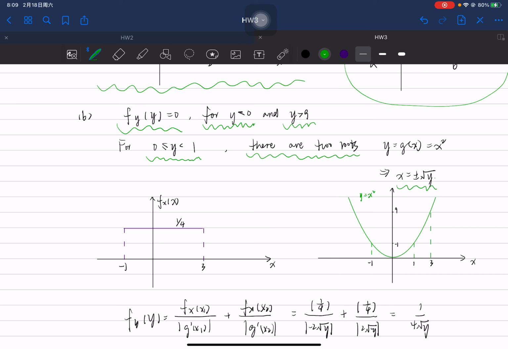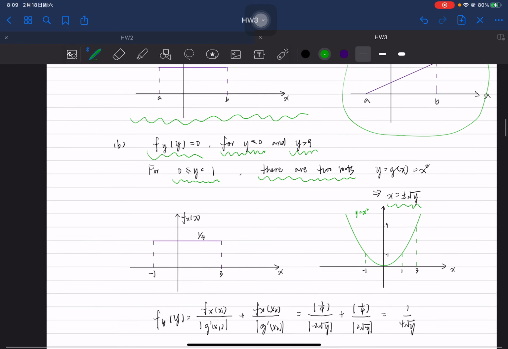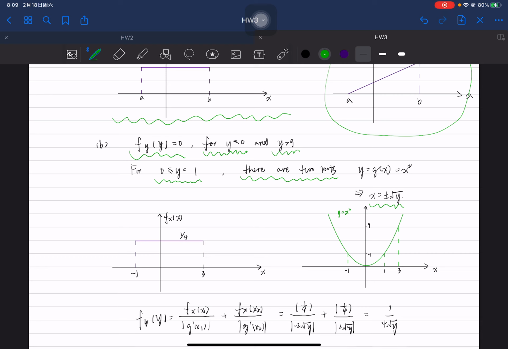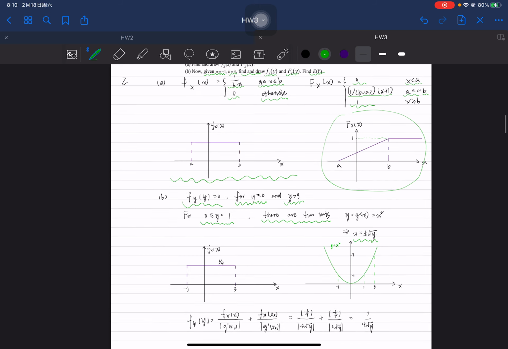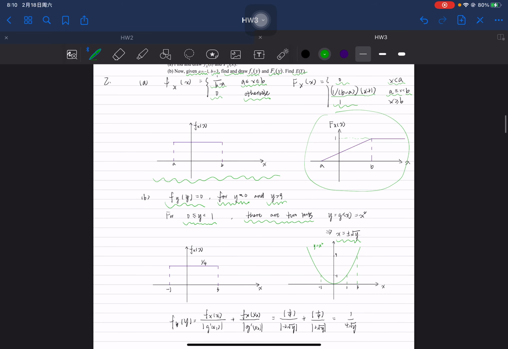We can first draw the density function of x when a equals -1 and b equals 3, like this.